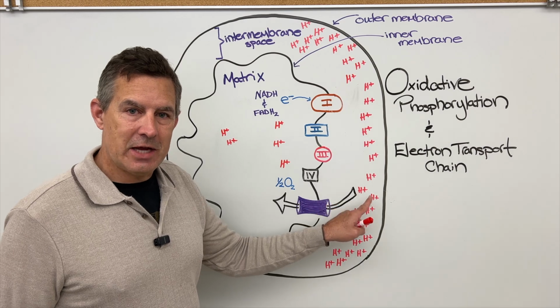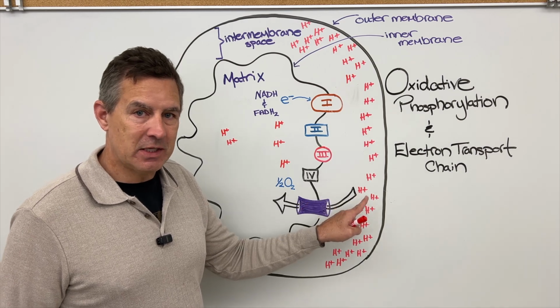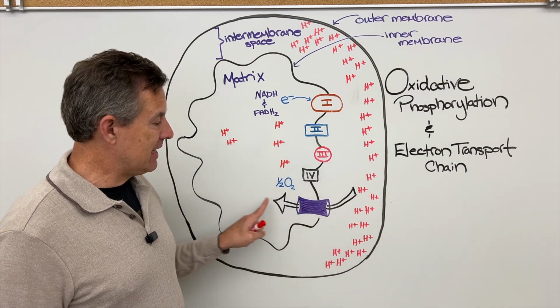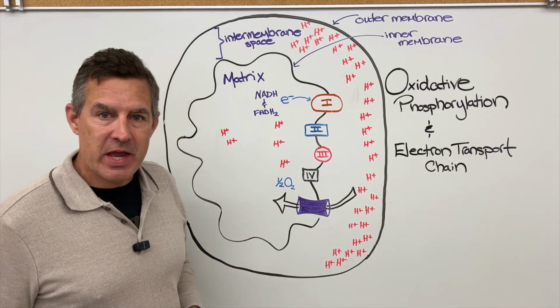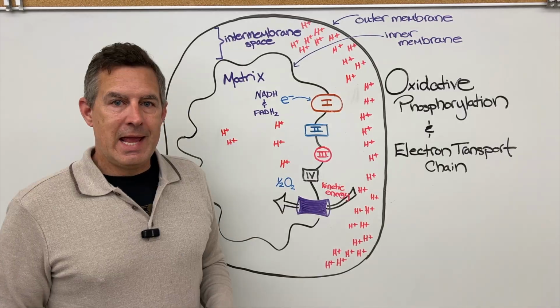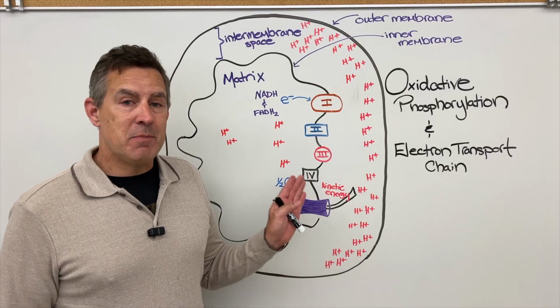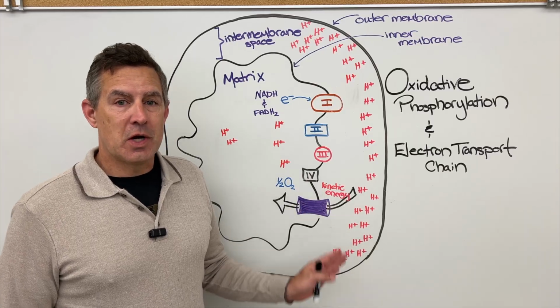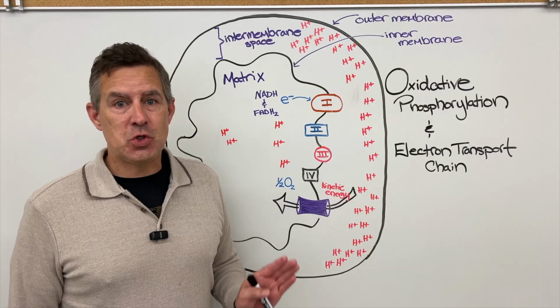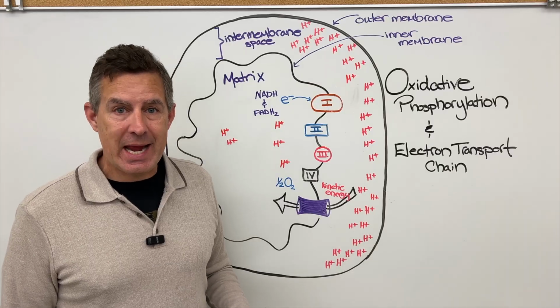So, as the hydrogen ions move passively via ATP synthase into the matrix, they are creating kinetic energy. And that kinetic energy is going to be harnessed to couple one phosphate to ADP to create ATP.